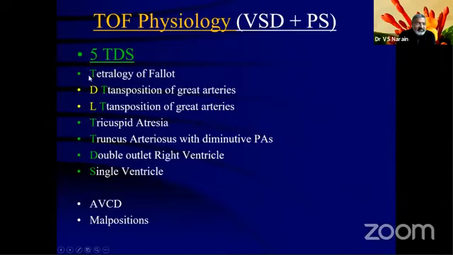First T is tetralogy of Fallot, second T is D transposition, L transposition, tricuspid atresia, and truncus arteriosus, diminutive pulmonary arteries. So these are the 5 T's, then the double outlet right ventricle, single ventricle, 5 TDs, and then uncommonly ABCD and some malpositions. But just remember that within tetralogy physiology, you have to differentiate. The anatomical differences would be within these 5 TDs.